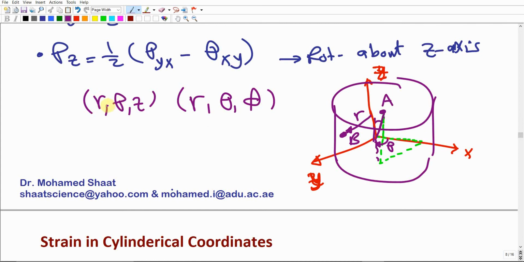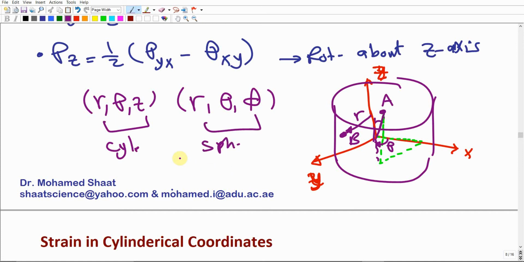For the cylindrical coordinates, we use two distances, r in the radial direction and the axial or vertical direction z, parallel to the axis of the cylinder, in addition to the angle, to define the position of a point. So these are the cylindrical coordinates and these are the spherical coordinates.